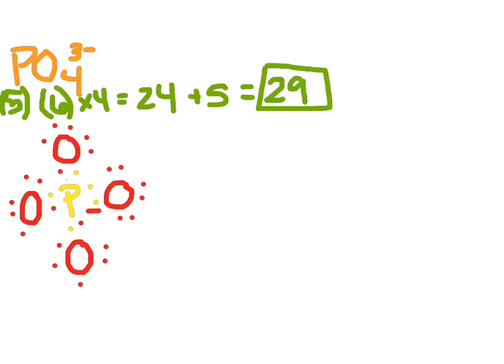Let's do blue. So, as you can tell, each element, like I said before, has to have an octet of 8 electrons. This O does not have an octet of 8 electrons. This O does not. And this O, right here, does not have an octet of 8 electrons. So, what are you going to do?